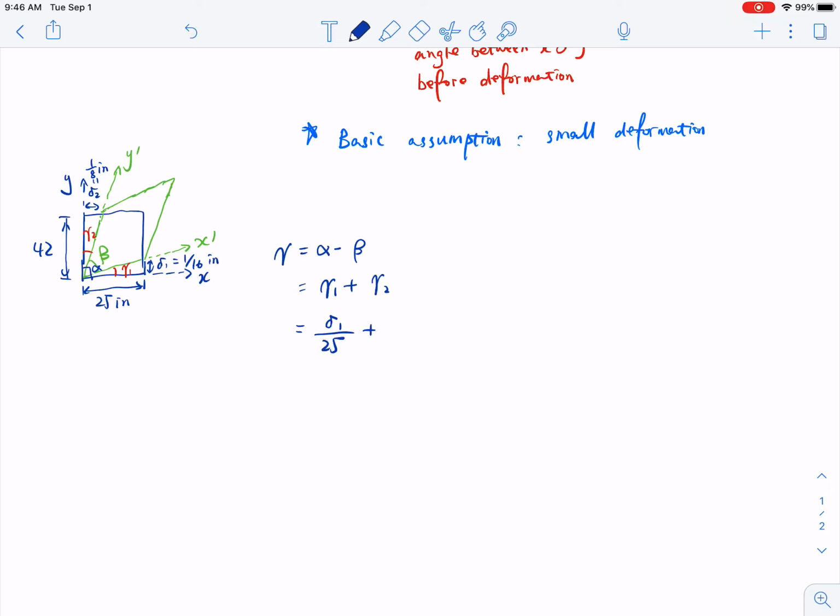Then plus delta 2 over 42. So you get 0.0025 plus 0.003, or 0.0055 radian. This is how we calculate the shear strain in a more complicated case.